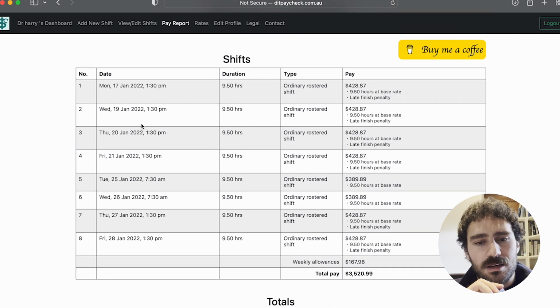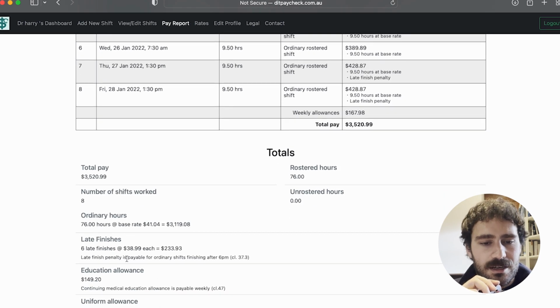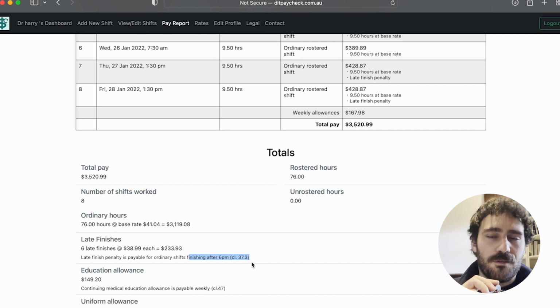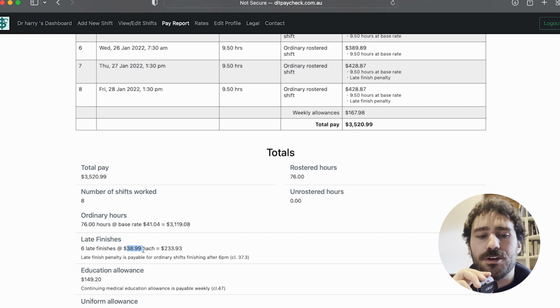So you can see here that I would have finished, because I started at 1:30 here, 1:30, 1:30, 1:30. So that's 4, 5, 6. And then the other 2 shifts I started at 7:30. So for 6 of these shifts, I would have finished later than 6 p.m. So for each one of those shifts that I finished after 6 p.m., I would have got paid an extra fixed sum of $39.